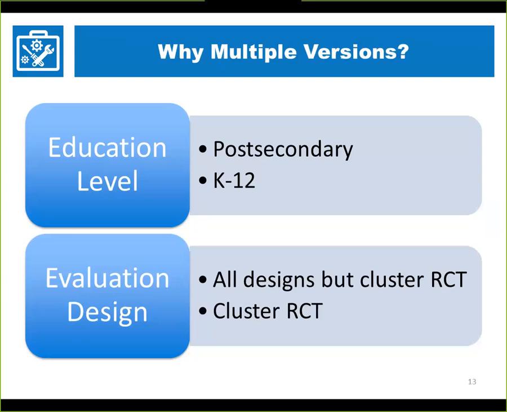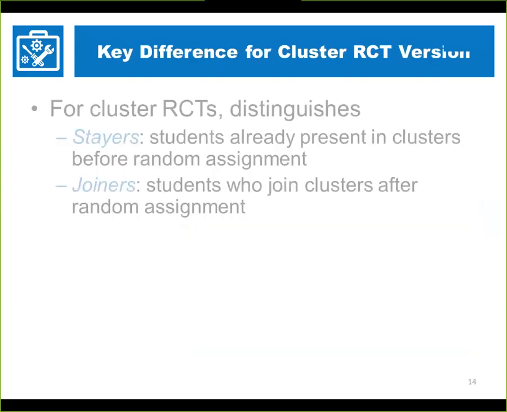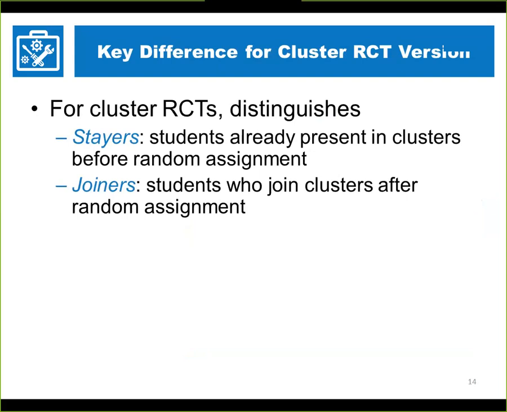Overall, the two versions are very similar, but there's one key difference in the layout of the diagrams produced by each version. The key difference is that for cluster RCTs, the diagram includes information about students' status as joiners or stayers. Because clusters of students, such as classes, instructors, or schools, are assigned to either the treatment or comparison condition, some students may join those clusters after initial group assignment.